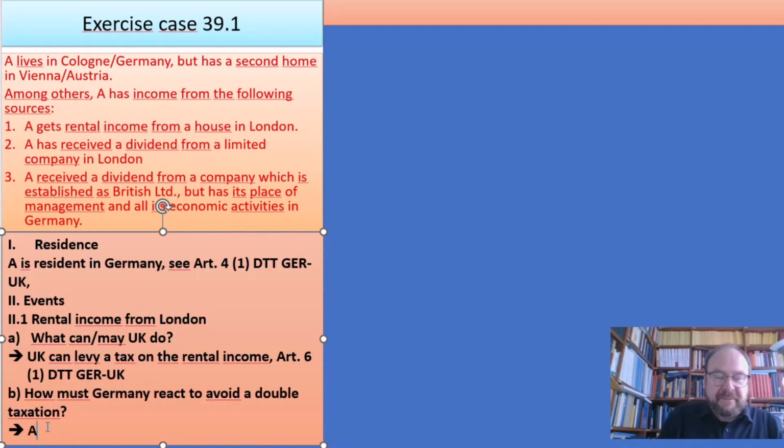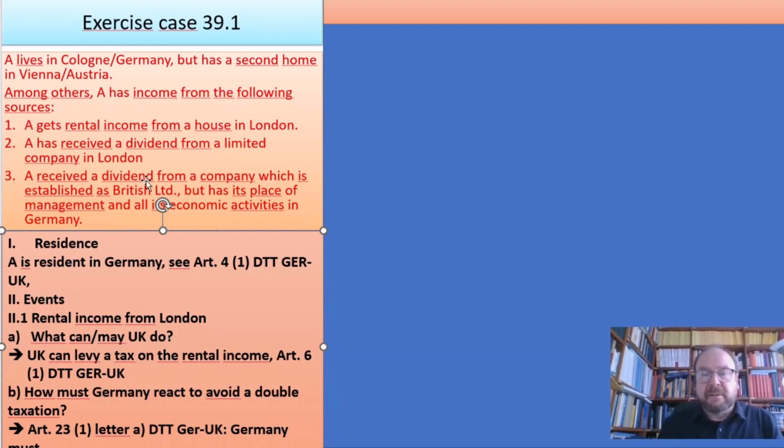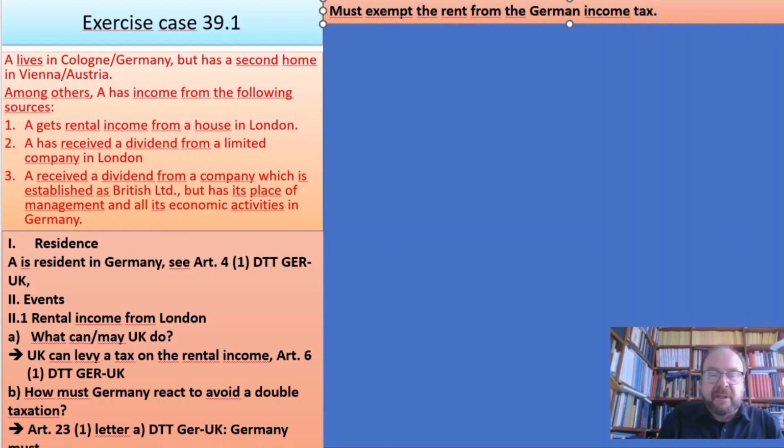So here we have Article 23, 1, letter A, TTT, Germany, UK. Germany must, better here, must exempt the rent from the German income tax.